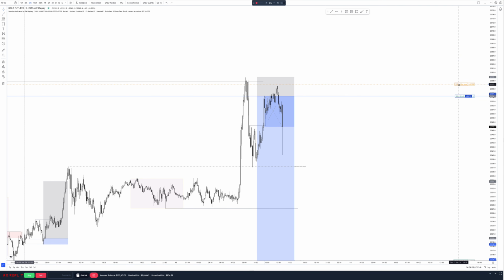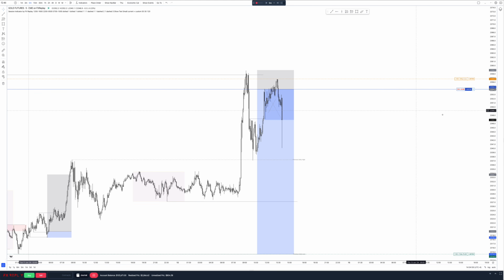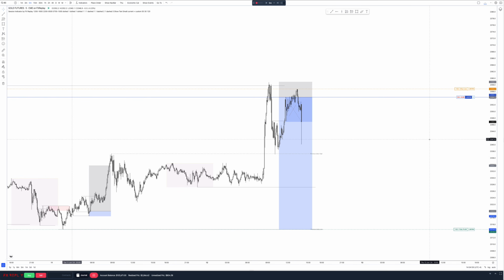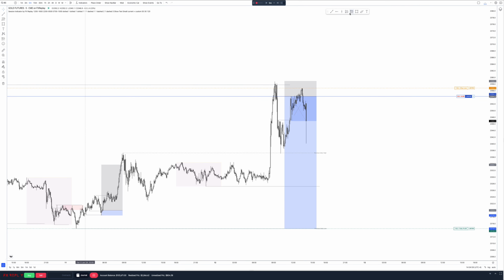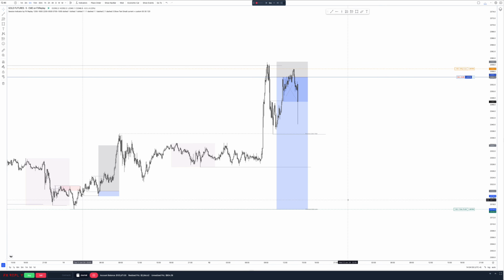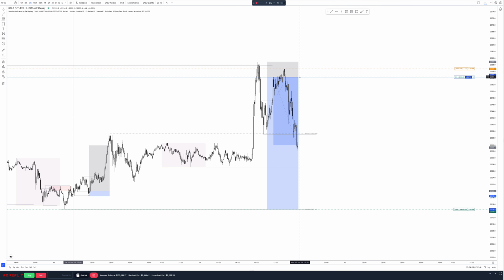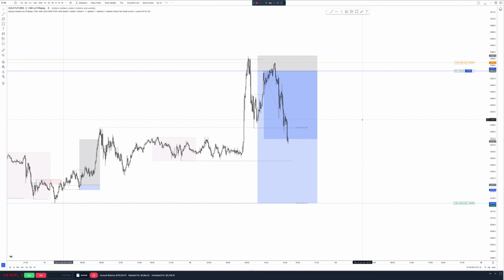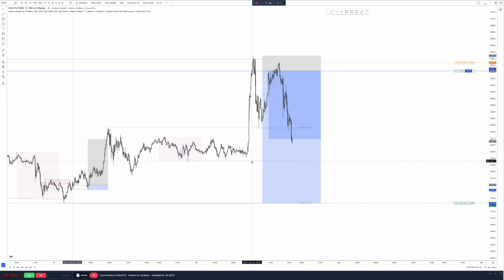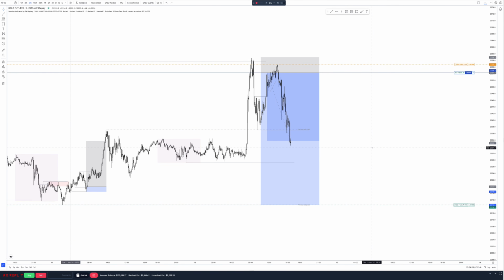I don't want price above here, right? So if it comes here, at least it'll be a reduced loss. But yeah, we do still have liquidity below here. Okay. So yeah, let's see. I do want price below here to take some sort of partials.